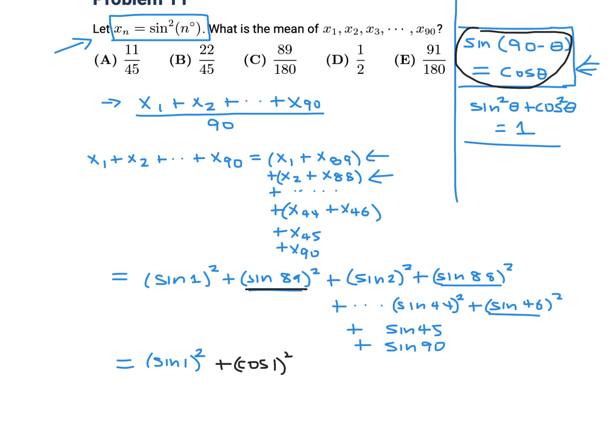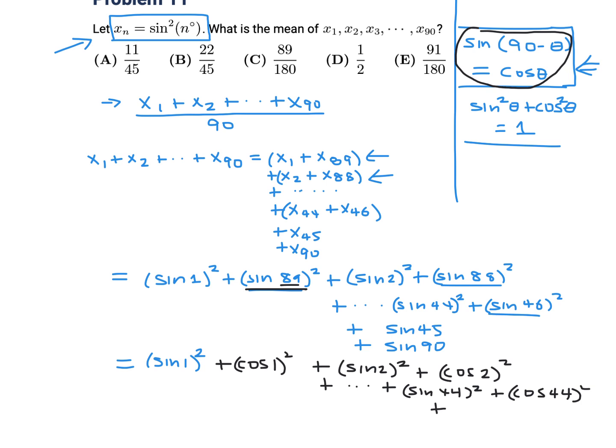Because theta in this case is 1. So 90 minus 1 is 89. That's where that 89 comes from. And if you convert it to cos, it would be the cos of 1. Similarly, sine 2 doesn't change for now, but sine 88 would be cos of 2. And eventually, dot, dot, dot, the sine of 44 would not change, but then it would be the cos of 44 all squared.